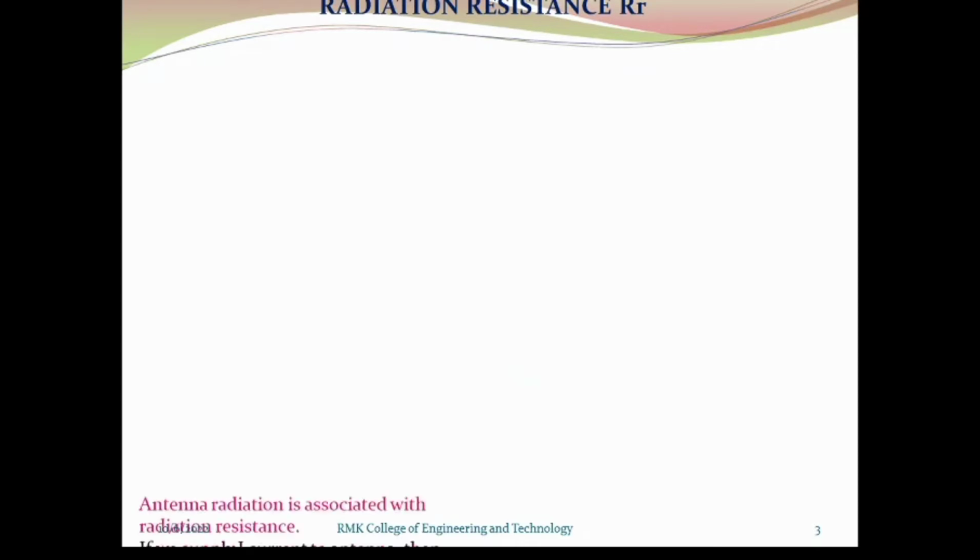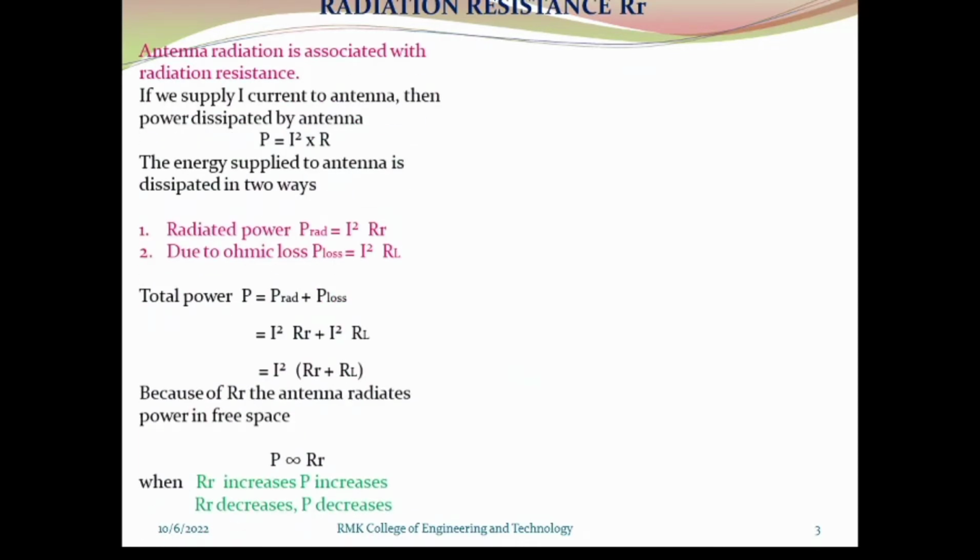Now we will discuss, with some calculation, how to calculate radiation resistance and what other impact radiation resistance has in the case of power dissipation. See here, the power calculation we know already. With respect to current, P is equal to I squared into R. That is the conventional method to calculate the power in terms of current, I squared into R. So R is the resistance and P is the power.